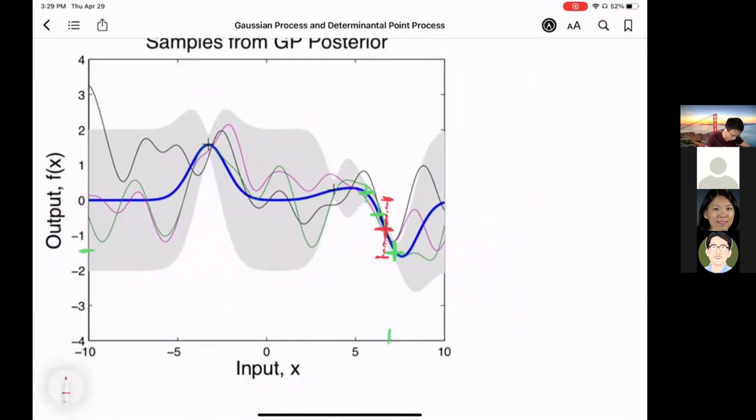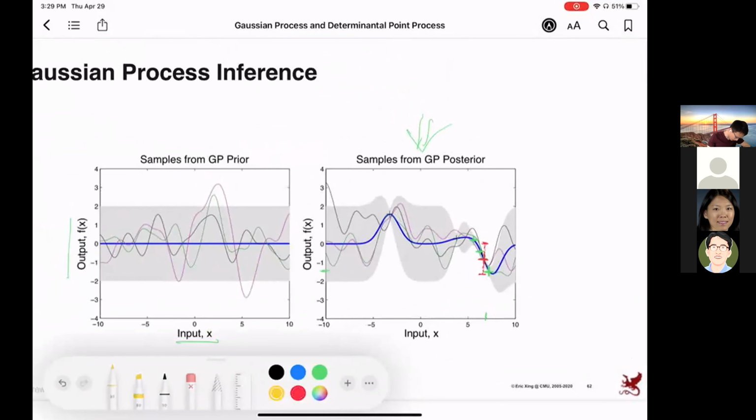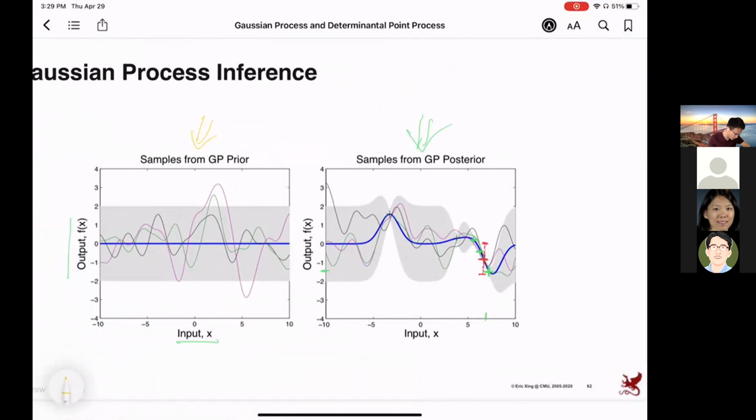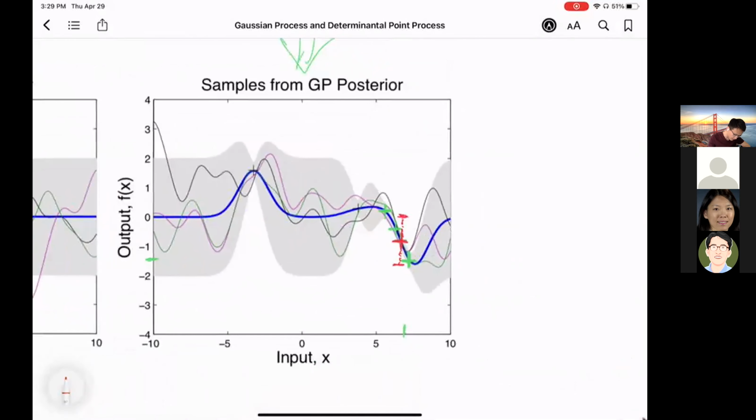It can oscillate, right? So it's really based on this assumption that I can assume things are Gaussian. Before I observe everything, the prior shown on the left doesn't tell us much. It will just be a random function. But if we observe some points and then we have some other points, we consider these two points as jointly Gaussian, and then the high covariance between these two can tell us something about the unobserved one.